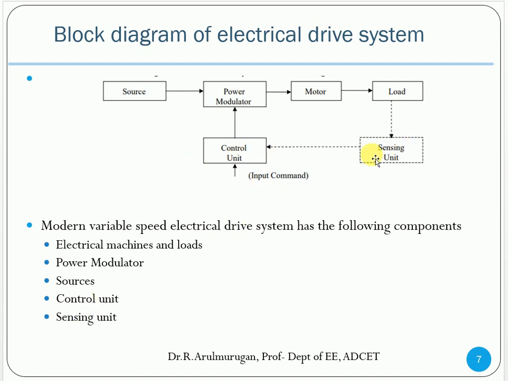Particularly I am looking at the BLDC motor. BLDC motors are used in electric vehicles. How does it work? Inside the motor itself, they place a Hall effect sensor. The Hall effect sensor's output command is given to the controller. The controller gives the command through the power modulator to the BLDC motor.